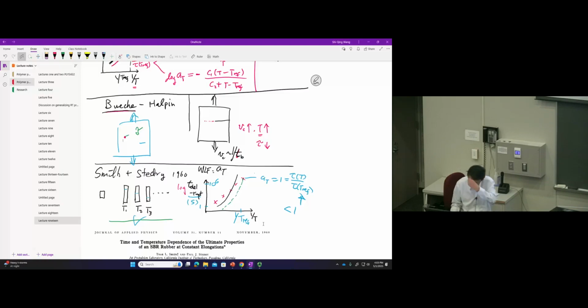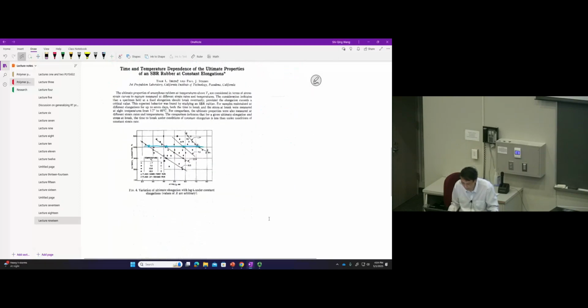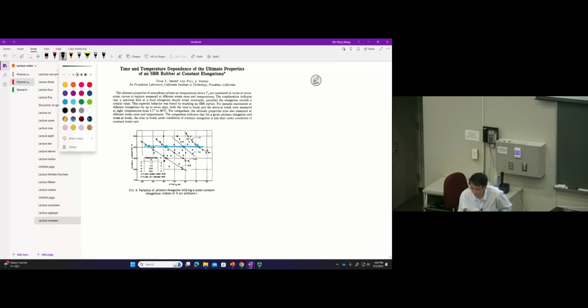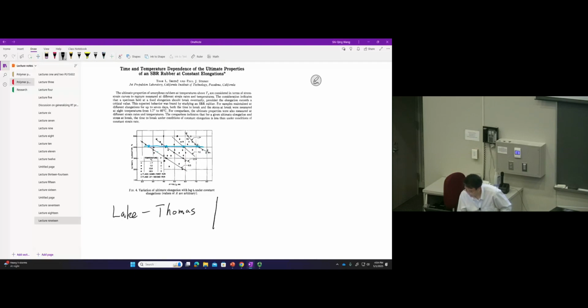Okay, so I think with that, let's try to get to two parts. One is Lake Thomas. In fact, I should say two things at once. The other is Rivlin Thomas, the same Thomas.